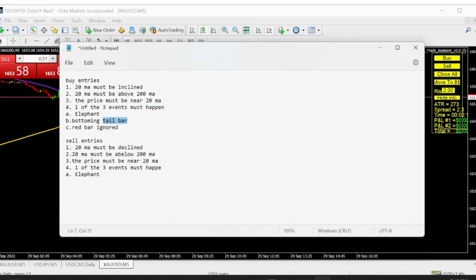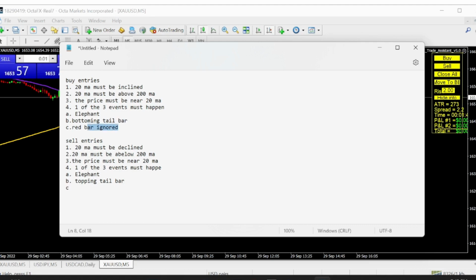And the second criterion we look for here is a topping tail bar. Guys, we went for a bottoming tail bar there, now we go for a topping tail bar. When the tail is above, then we enter.